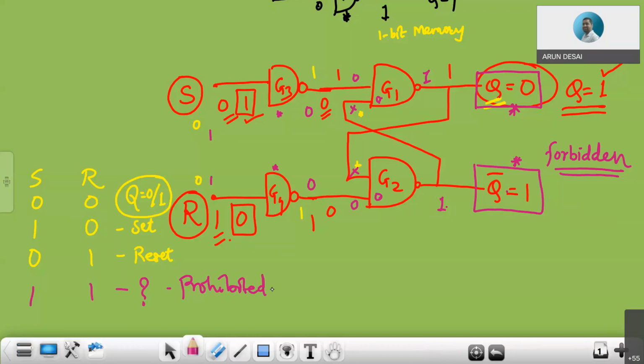So if S equal to 1 and R equal to 1, both the outputs Q and Q complement are trying to be 1, which is not actually possible and is against the rules. So this condition is prohibited from the circuit. So this is about the SR flip-flop. Till now, is it clear?